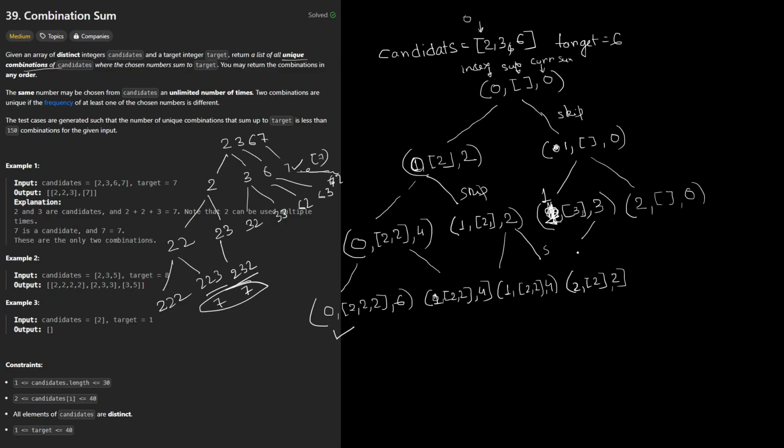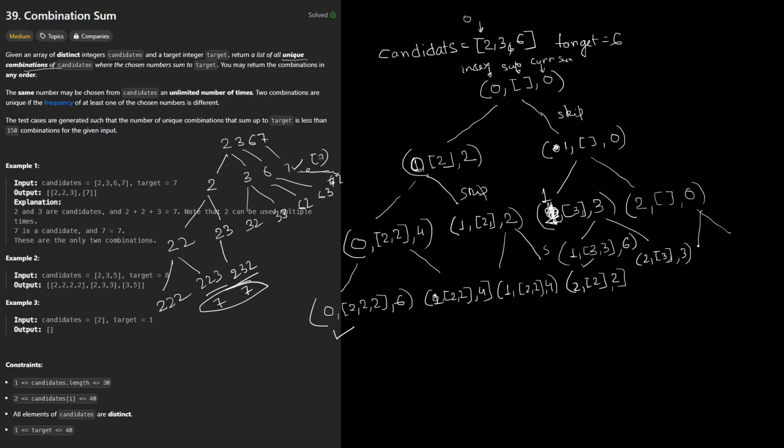In this case also, I have two options of adding the value at 3, which would make our index 3, so 3 and 3, and the value would become 6. So we are going to add it, and the other option is to skip it, and the other one would remain 3, and this value will remain 3.